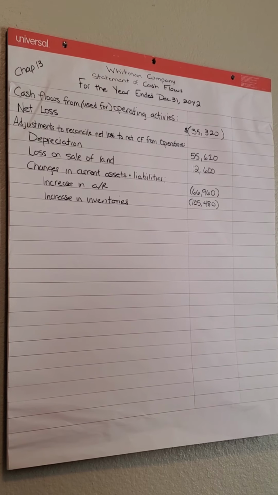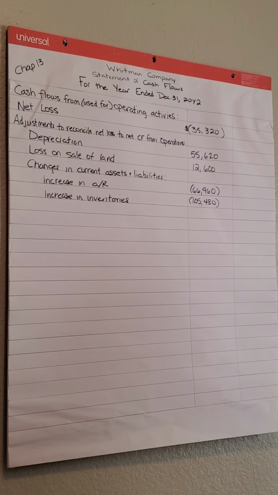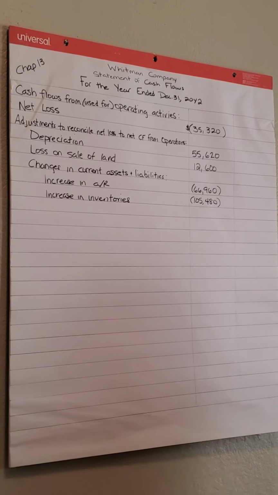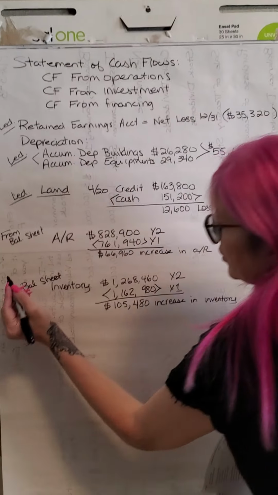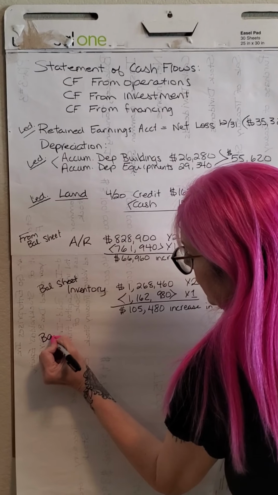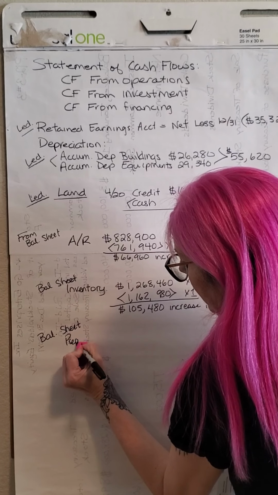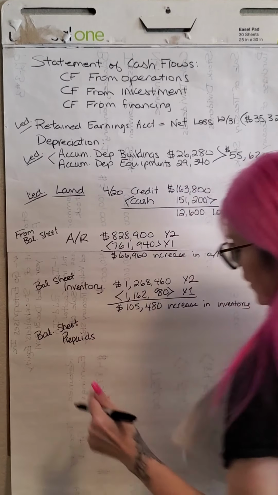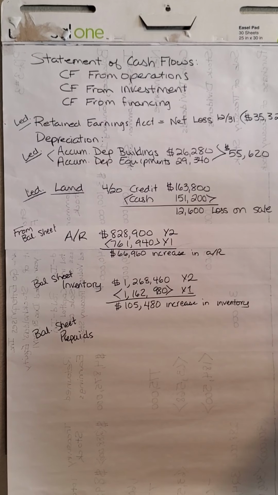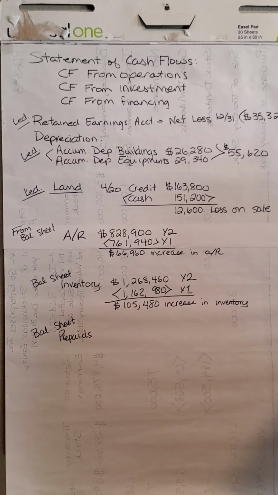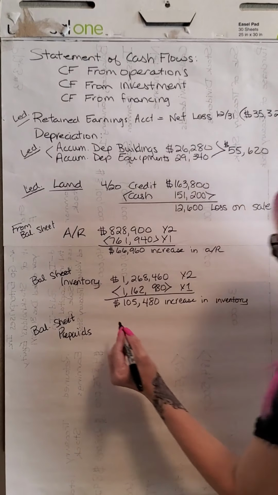We've got two more items to look at. Accounts receivable, inventories, and then the last of our current assets is our prepaid expenses. So we're going to go back and look at our prepaids, and do the same process again. The prepaid balance in year 2 is $29,340.